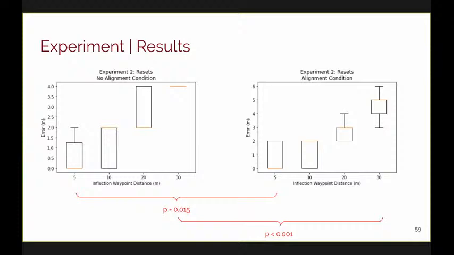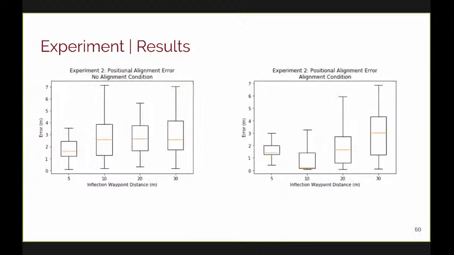The extreme cases, the 5-meter inflection waypoint and the 30-meter inflection waypoint, both provided significant results. For the alignment error, on the left, again, we have the no alignment condition, and on the right, we have the alignment condition. The y-axis here is alignment error in meters, and the x-axis is, again, the inflection waypoint distance. The inner conditions, the 10 and 20 meter conditions, proved to be significantly different.